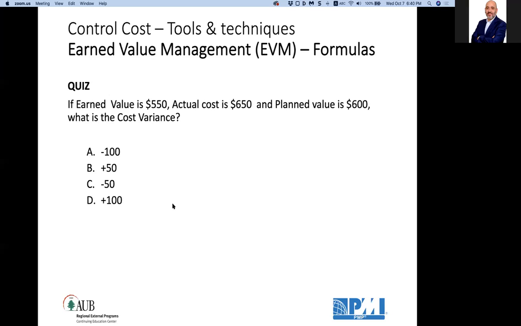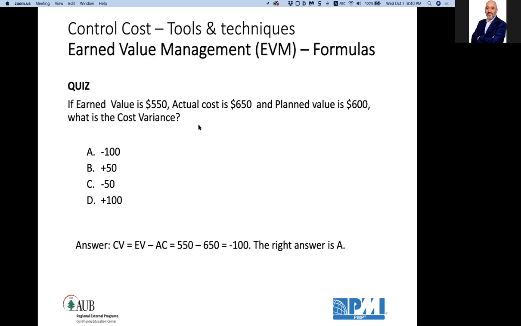What is the formula? The regular one: EV minus AC. The formula always starts, for the variances, with earned value minus something, or earned value divided by something. Okay, if we are talking about cost, it's earned value minus actual cost. So 550 minus 650, right? So it's minus 100.